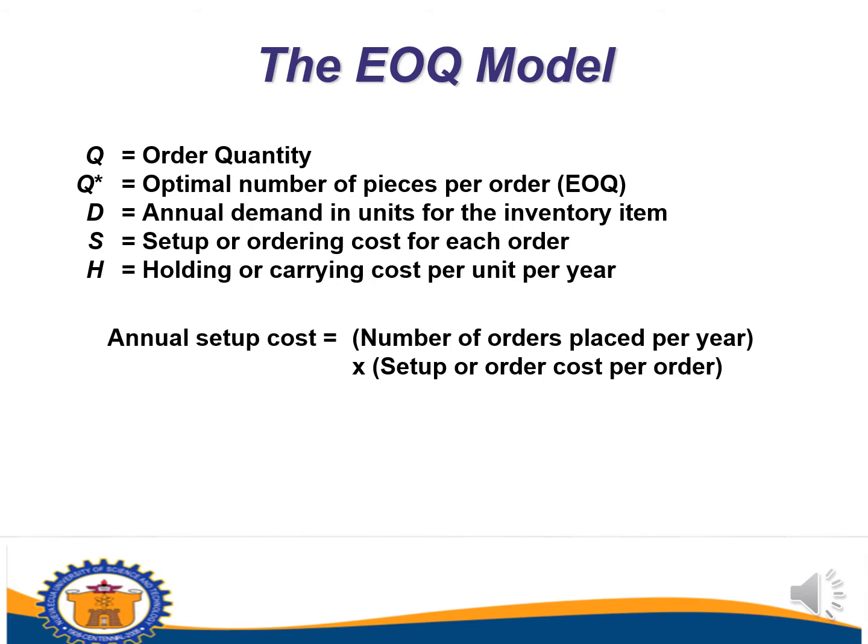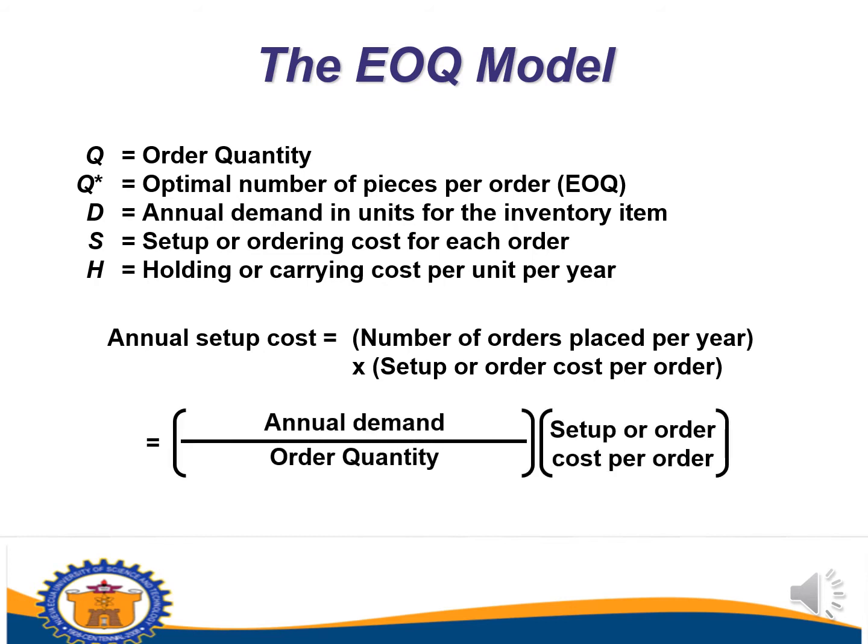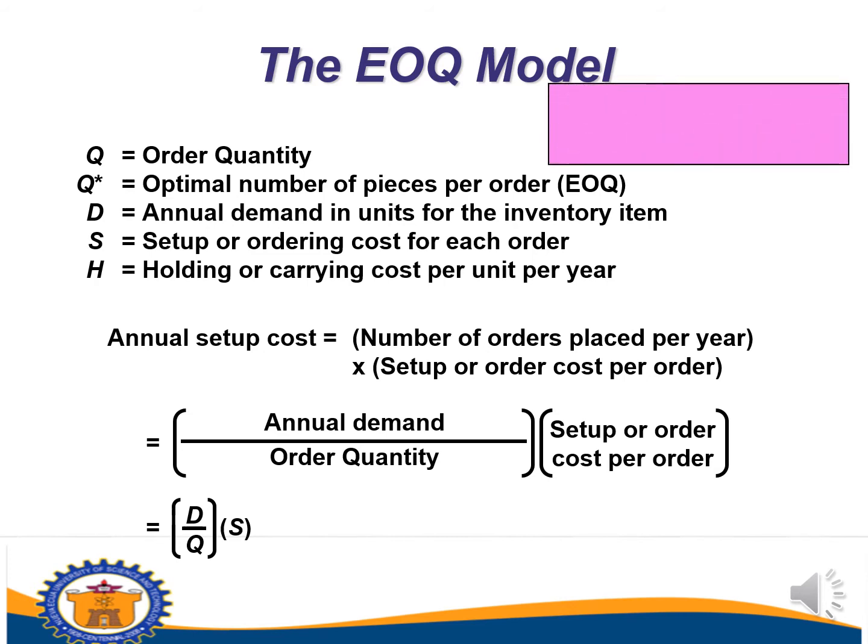So the formula is the number of orders placed per year times setup or order cost per order. Annual demand over order quantity times setup or order cost per order. Therefore, the formula here is D over Q times S.